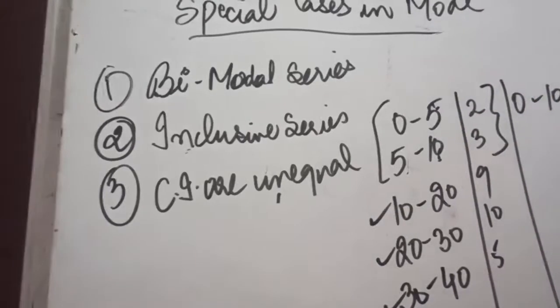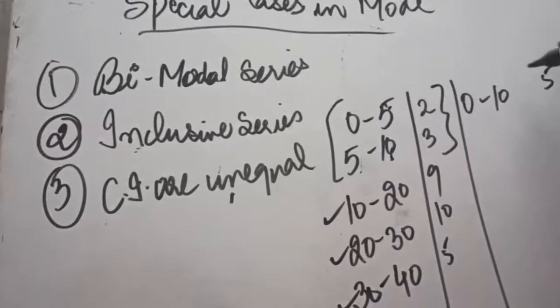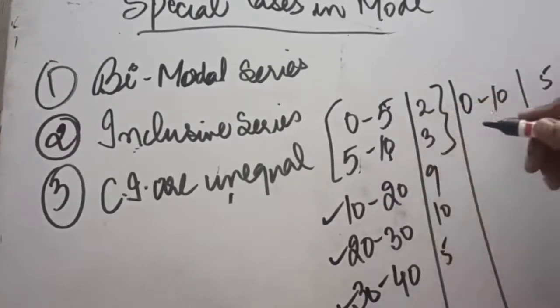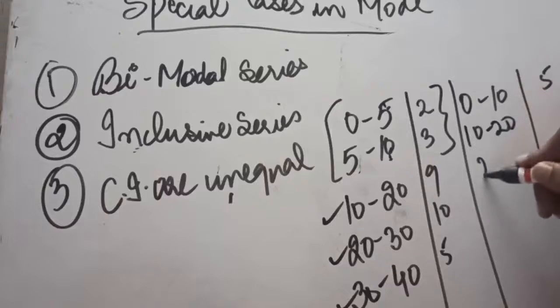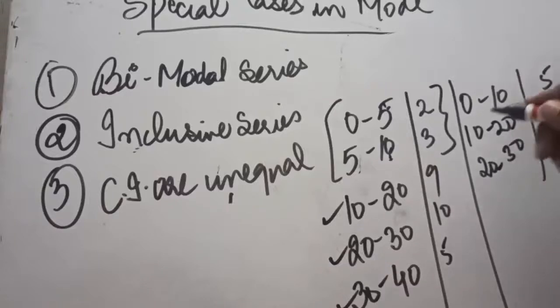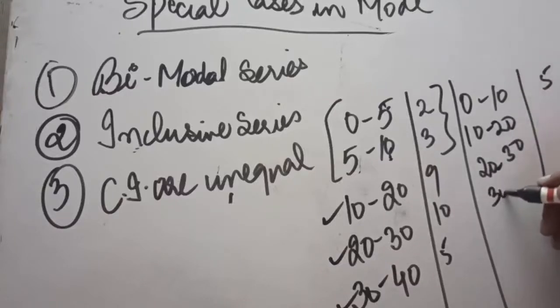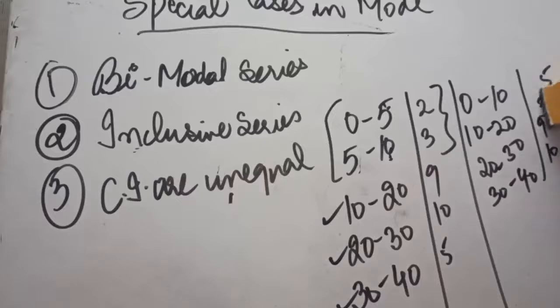So it will become 2 plus 3 equals 5. So next we will move ahead with the same, because now the differences of the class intervals have become the same. Here we have merged 2 plus 3, so next will be 9, 10 and 5. Then we can move ahead with the inspection method or grouping table, whatever method is applicable to your question.